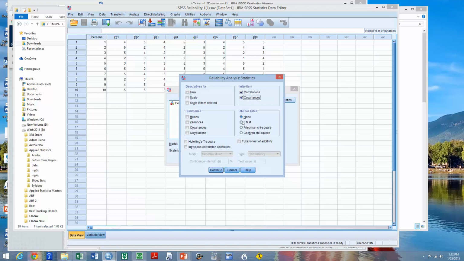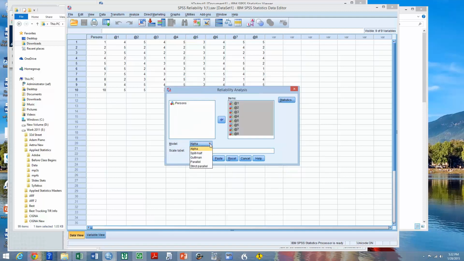We can do correlations and covariances if you like. We could do means and variances if you wanted. And this is the raw alpha coefficient, so we'll do that first. You could do split half, and in fact, let's do split half first because we've already done it.